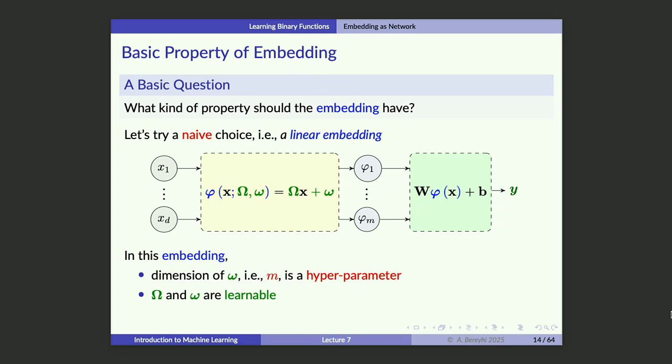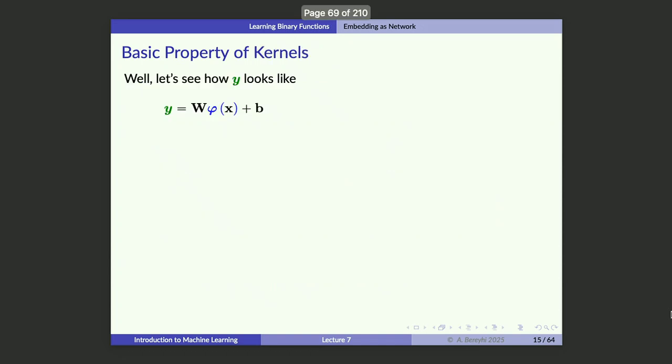Okay, now let me replace that phi into this expression. What is phi? Phi, this vector here, is exactly this one. So phi is essentially omega times x plus a bias. So I replace phi with omega x plus omega plus b.